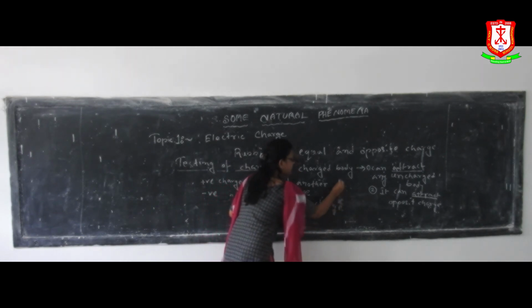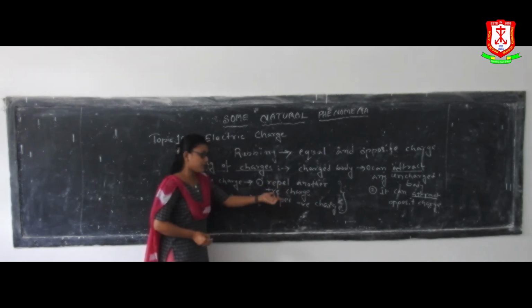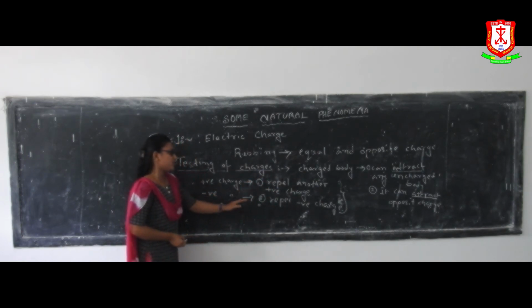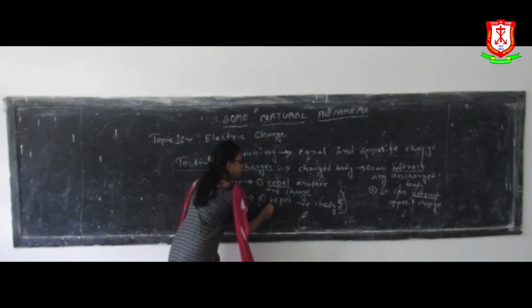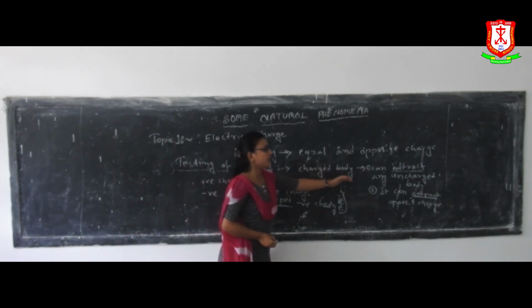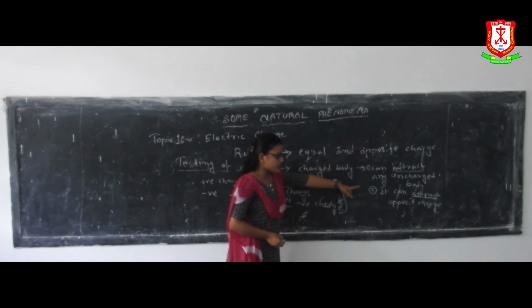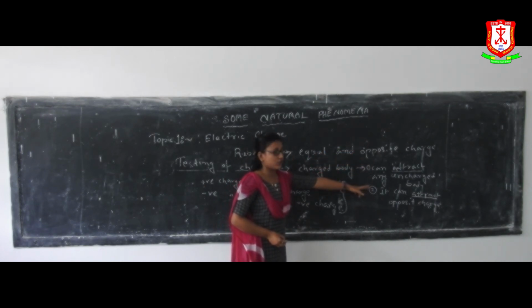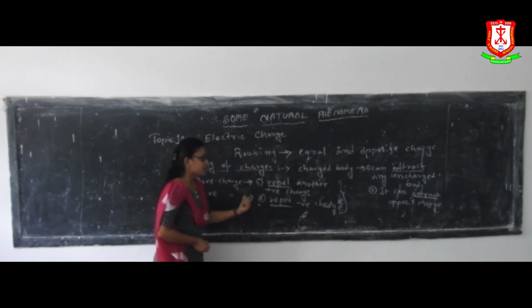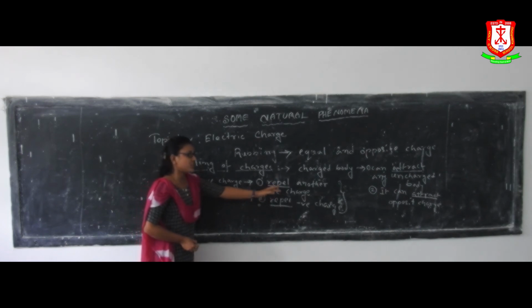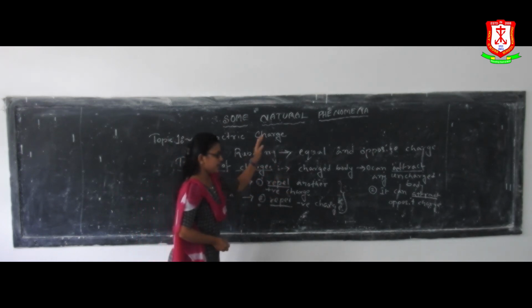So from these two conclusions, we are sure that the other body is surely charged. So we can conclude that repulsion is the sure test of charge, but not attraction. From attraction, maybe the other body is uncharged or has opposite charge, we are not sure. But in the repulsion case, surely the other body is charged, maybe positive, maybe negative.